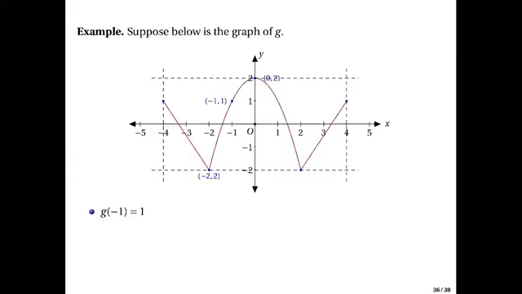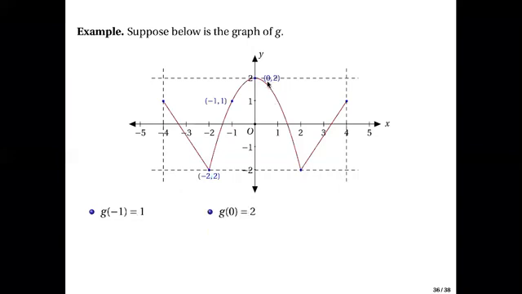But anyway, g of negative 1 equals 1. So this is your x-coordinate, that's your negative 1. If you evaluate that in g, you will get your y-coordinate, which is 1 here. g of 0 equals 2.